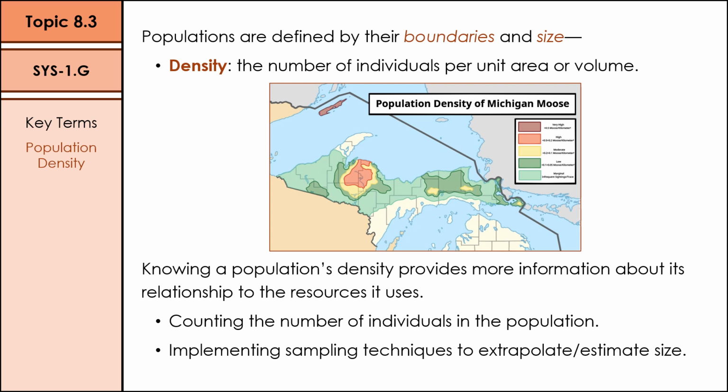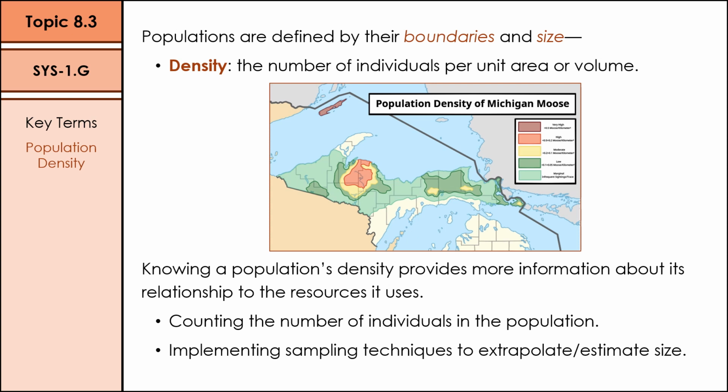So if we're dealing with just ground, we may be considering area. If we wanted to count how many trees exist in a particular environment, we are considering the unit area. If we're considering fish in a three-dimensional lake, we could consider volume, or birds in the sky, or anything that exists on that three-dimensional plane. So area and volume, really, we're not going to have to do any calculations with this, just a good term to know.